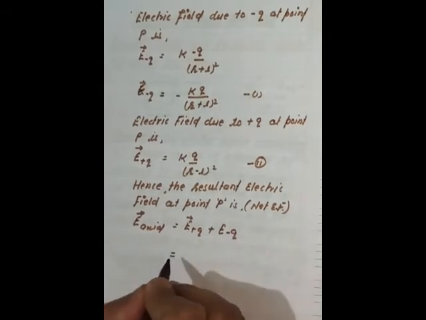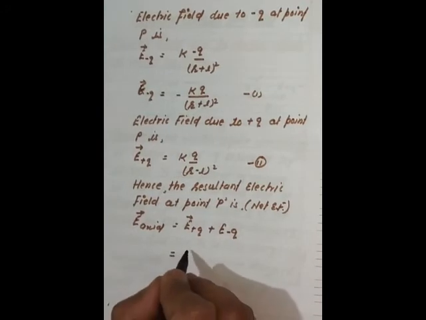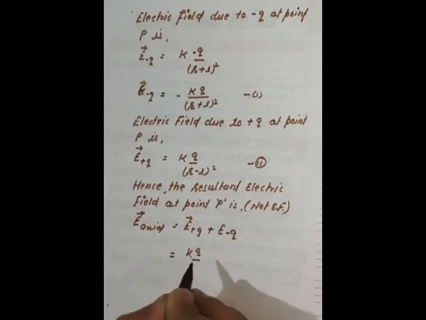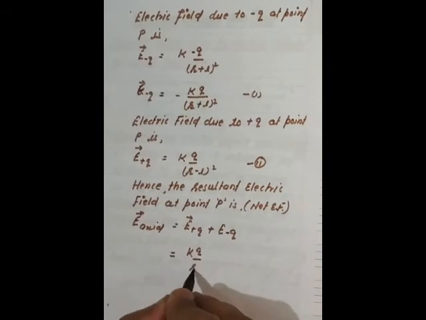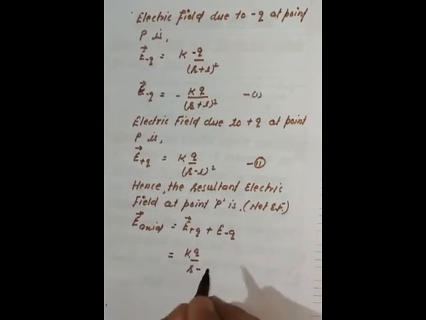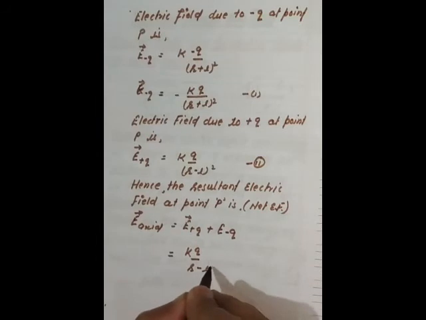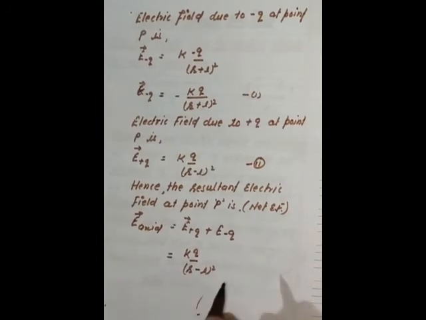For positive charge, the electric field will be K Q upon R minus L whole square.